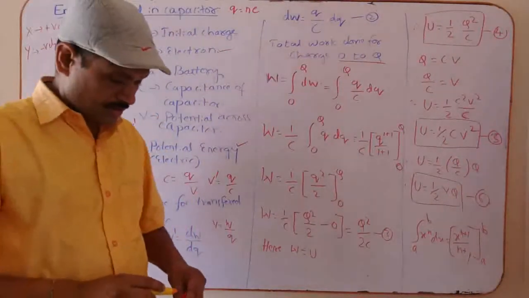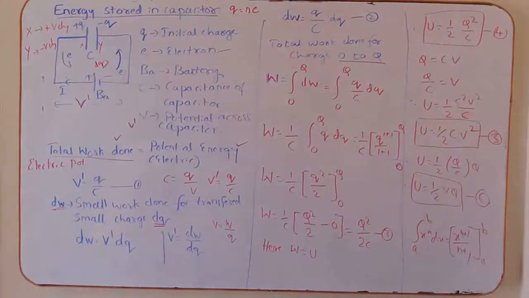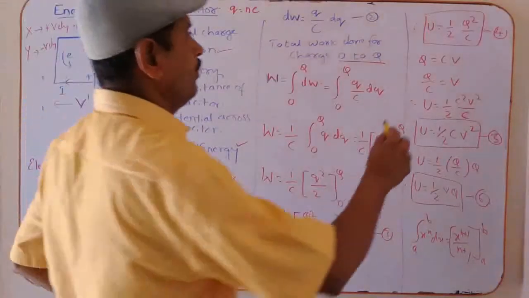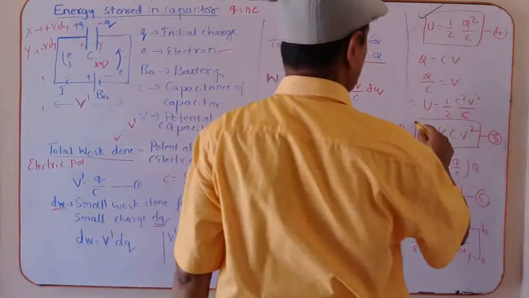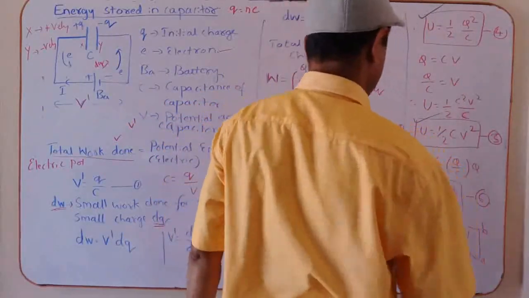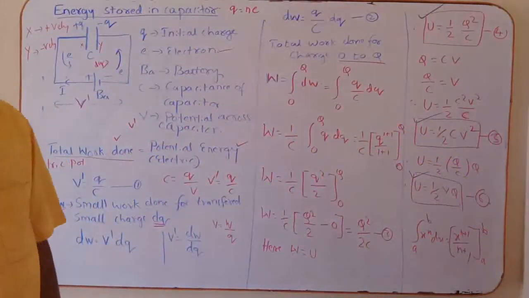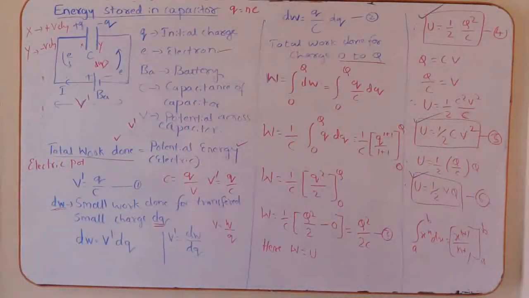Now see here, equation number 4, equation number 5, equation number 6 are the expressions for the energy stored in the capacitor during charging the capacitor.